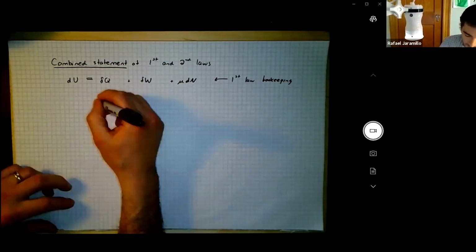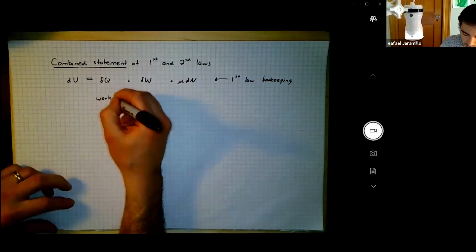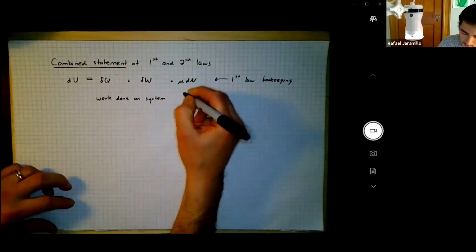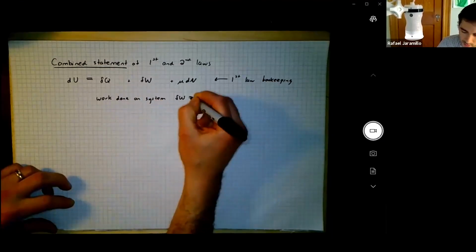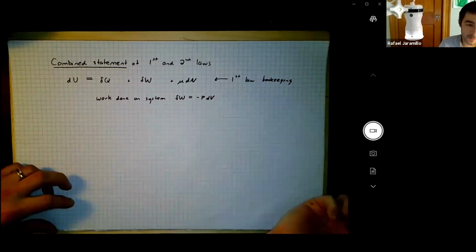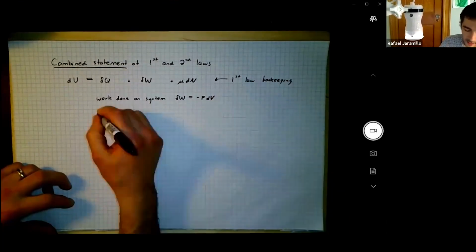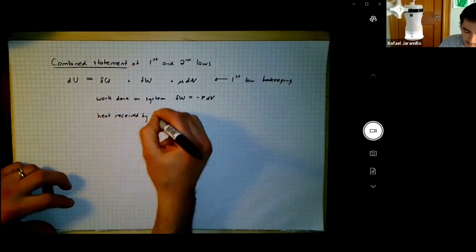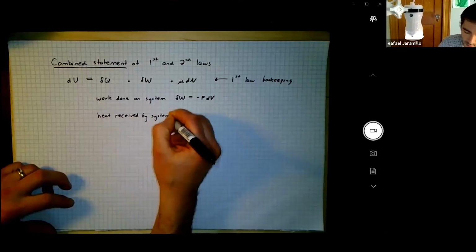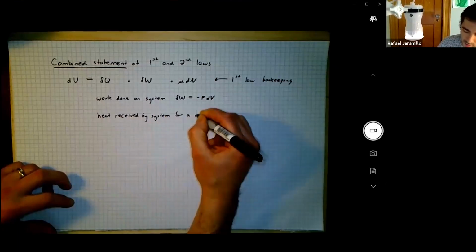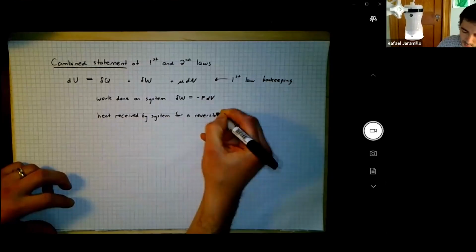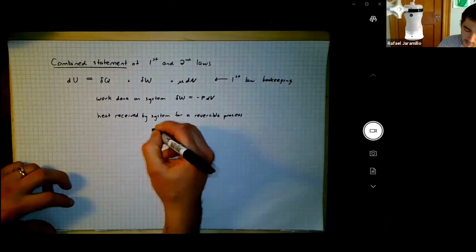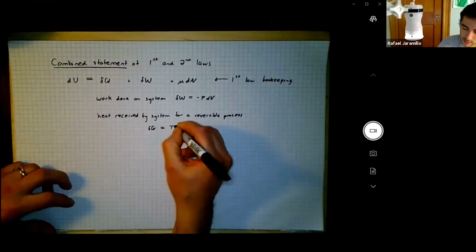Work done on system, dW equals minus P dV, and heat received by system for a reversible process, dQ equals T dS.